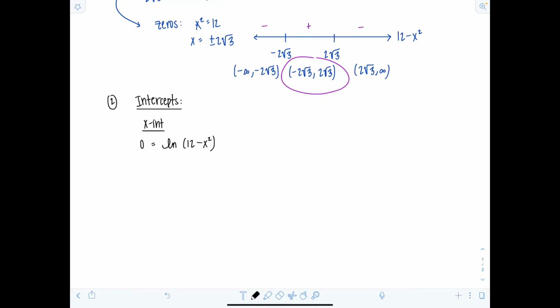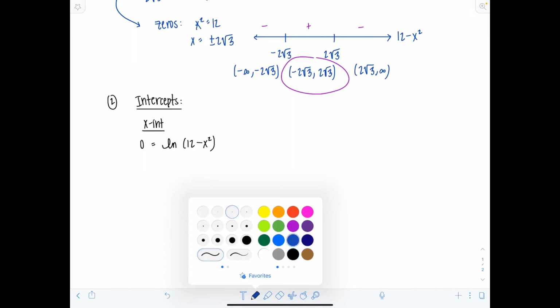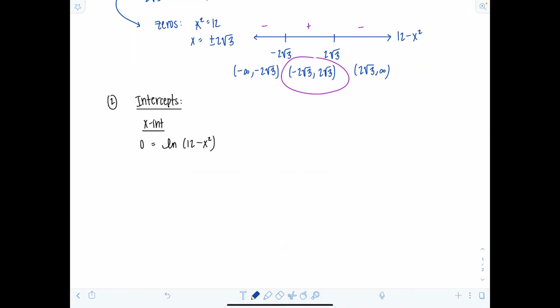How do you solve this equation? You rewrite it in exponential form. So remember, natural log, that's log base e, so this means e to the 0 is equal to 12 minus x squared. So 1 equals 12 minus x squared. X squared is equal to 11.